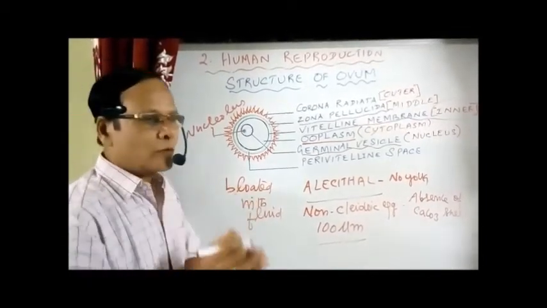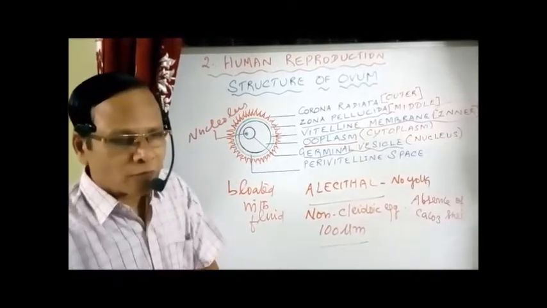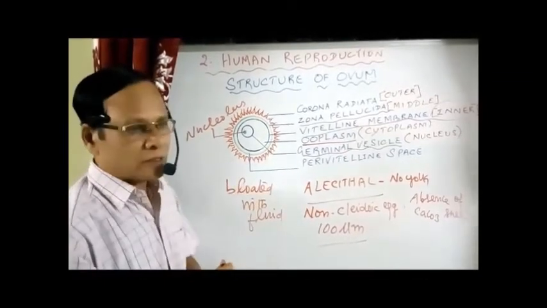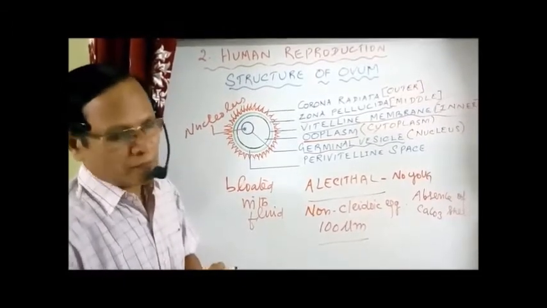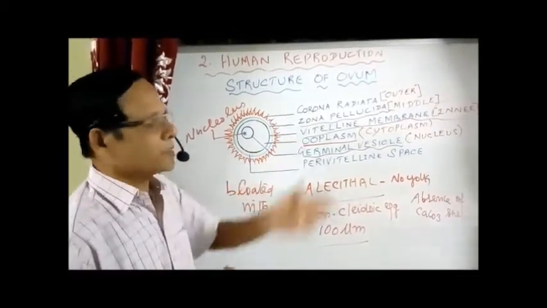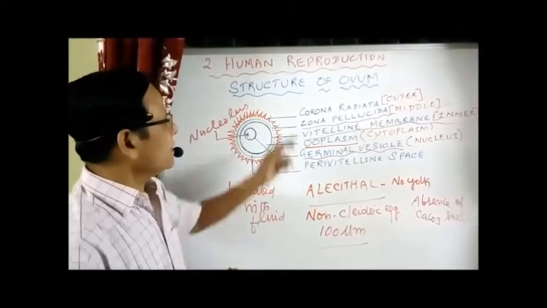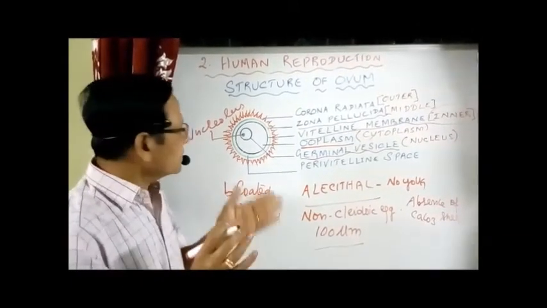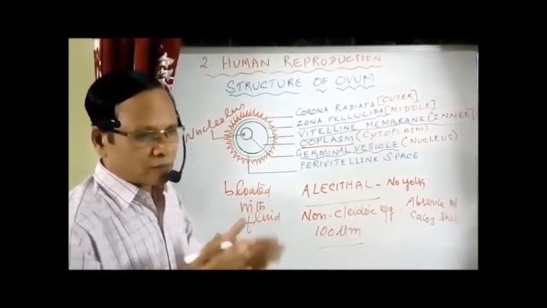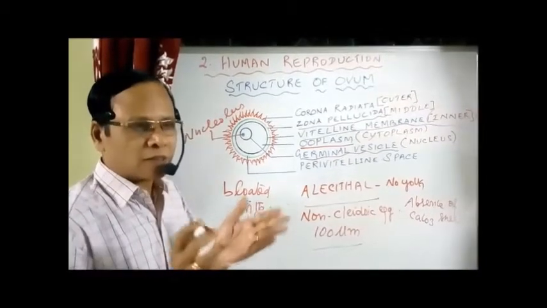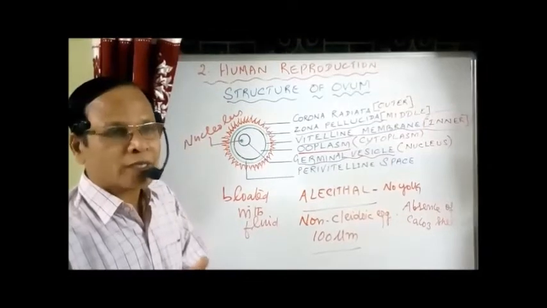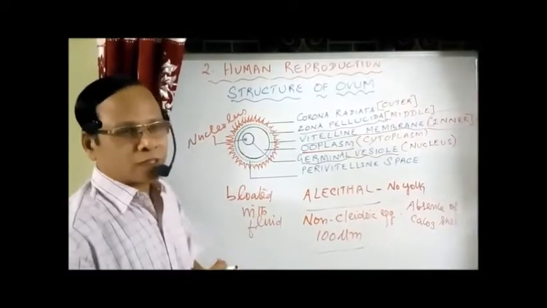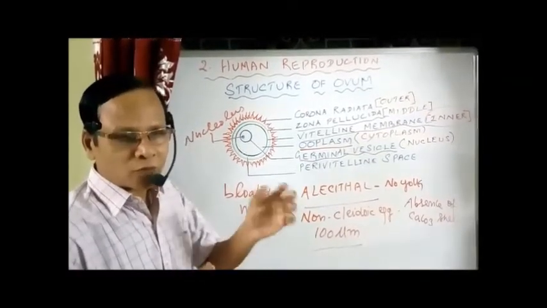At the time of ovulation, when the egg is released from the ovary, it carries with it many follicle cells surrounding the egg, and that layer is called the corona radiata. So it is the outer thick layer. The cells adhere together because of a substance called hyaluronic acid. Between the cells we have hyaluronic acid, as I mentioned.